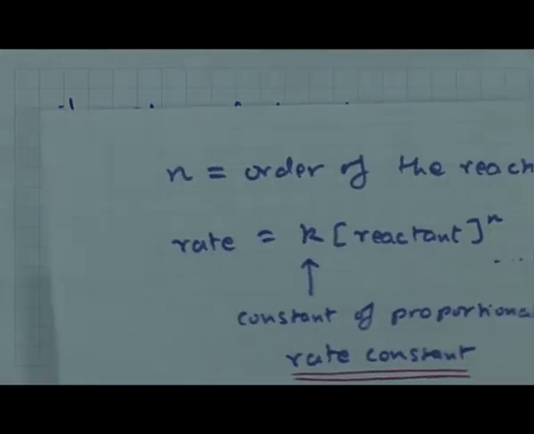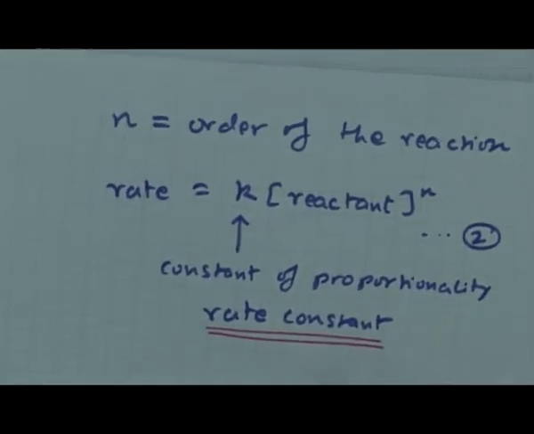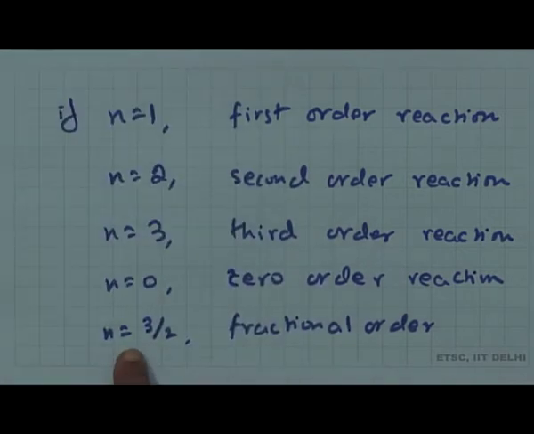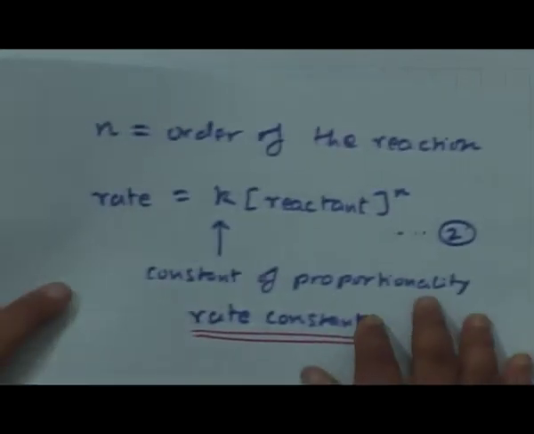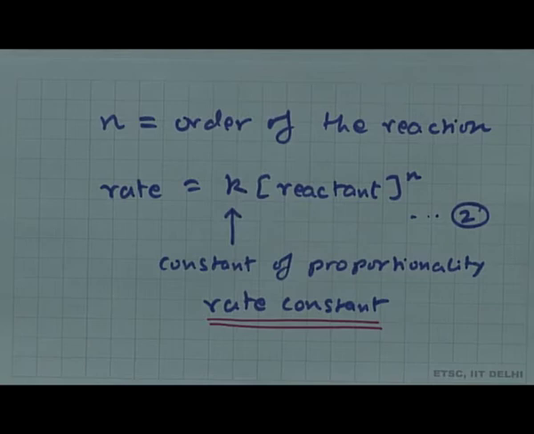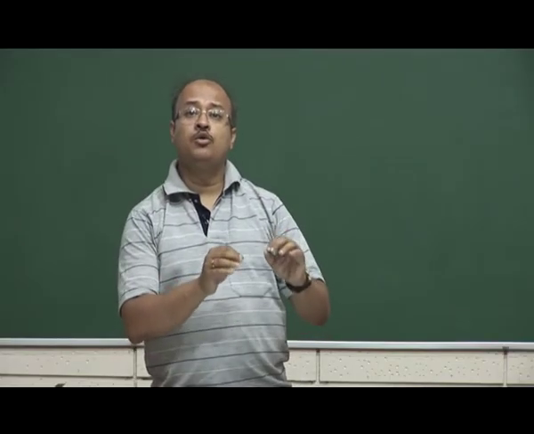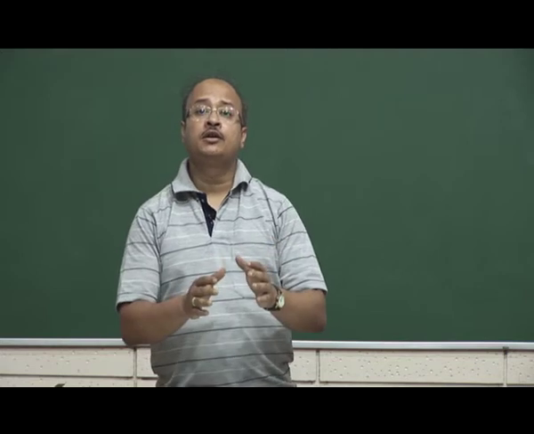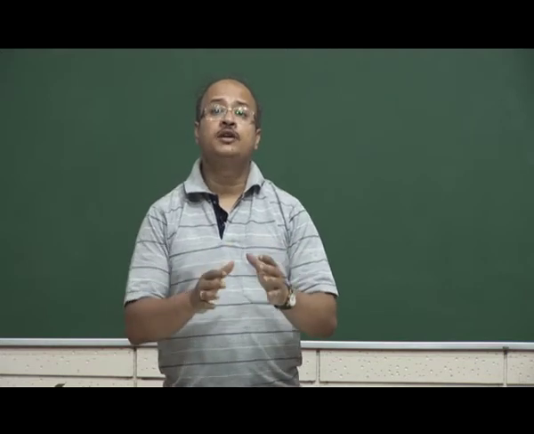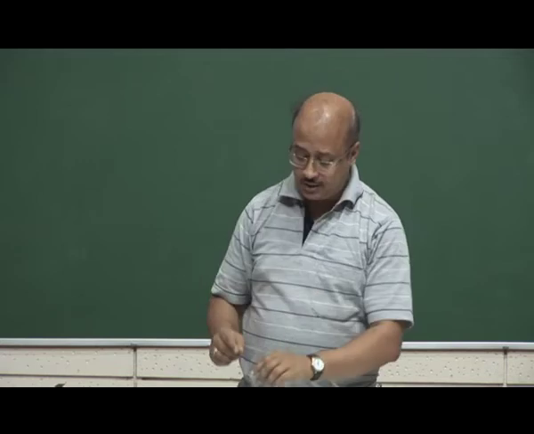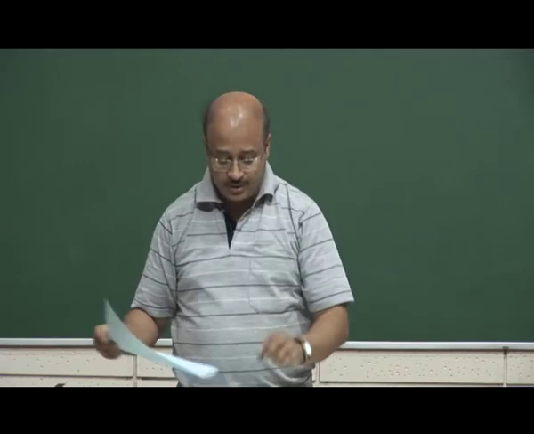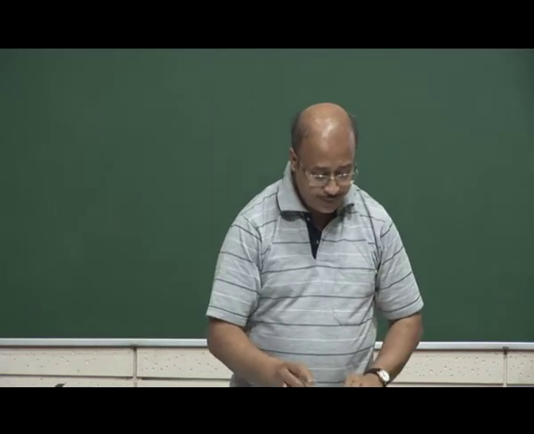Order values, that means n values, can be fractional, so if n equal to 3 by 2, then I put 3 by 2 out here. But in a nutshell, what this is telling me is how the rate varies, or how the rate depends upon the reactant concentration. Now, that is the most important part.